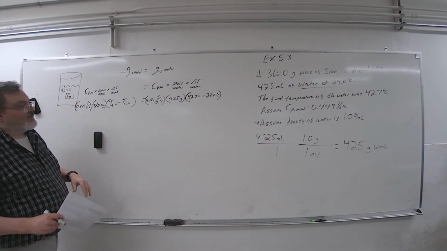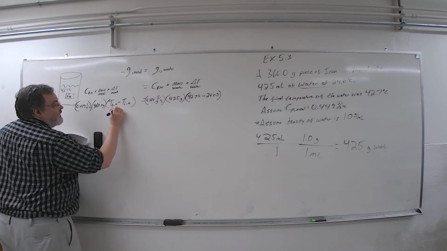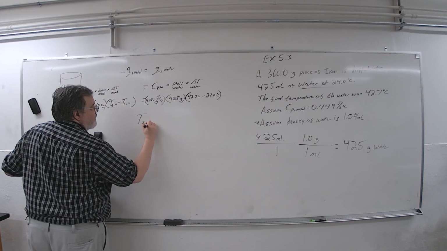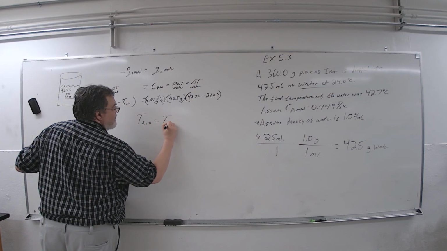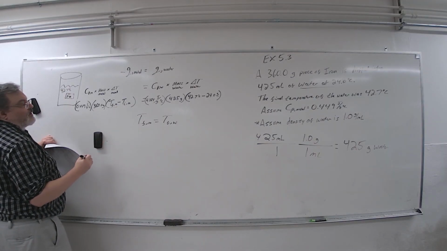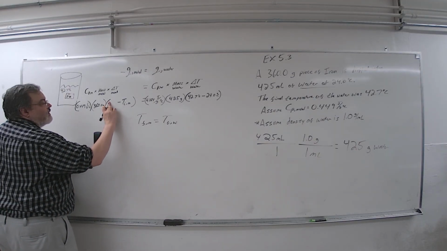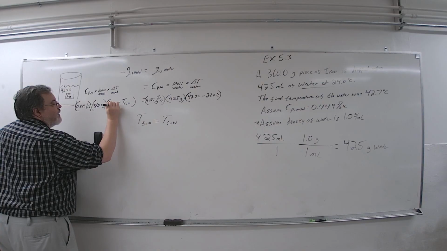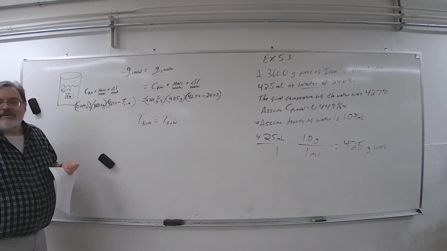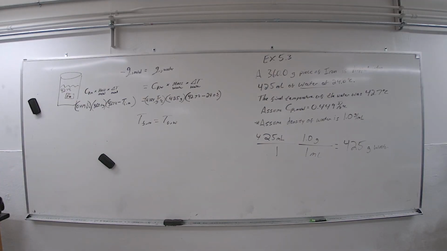So when it finally stops, what I'm saying is, this final temperature for the metal equals temperature final for the water. So I'm going to write 42.7 here, degrees. Do you follow that? So now we're down to one variable, and the rest is just a bunch of painful algebra.